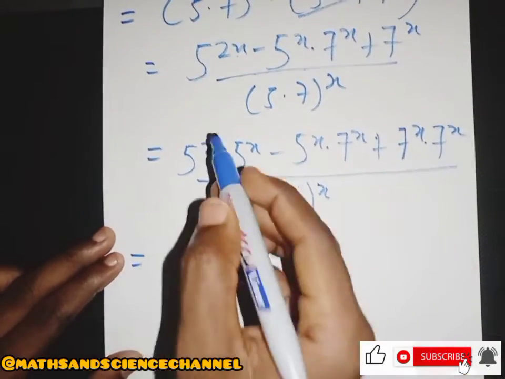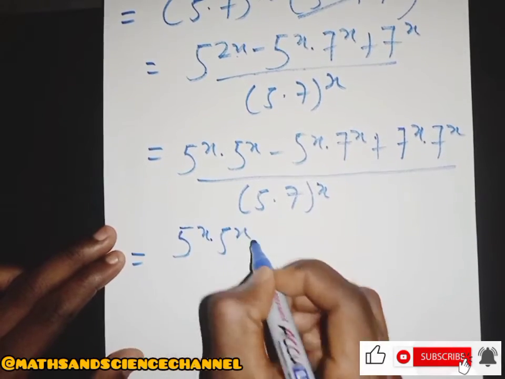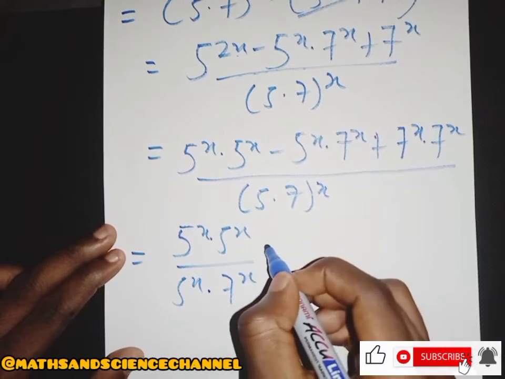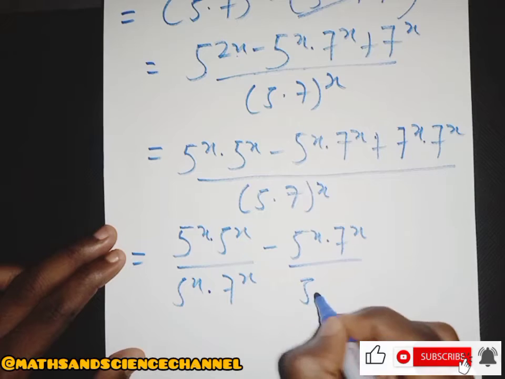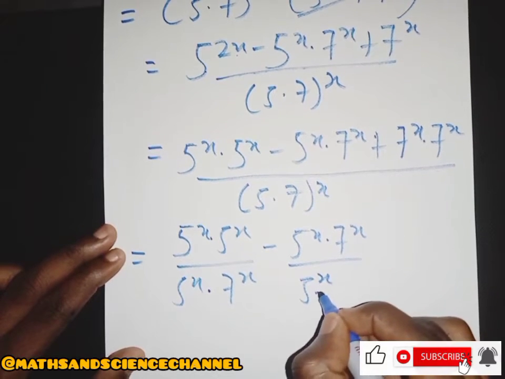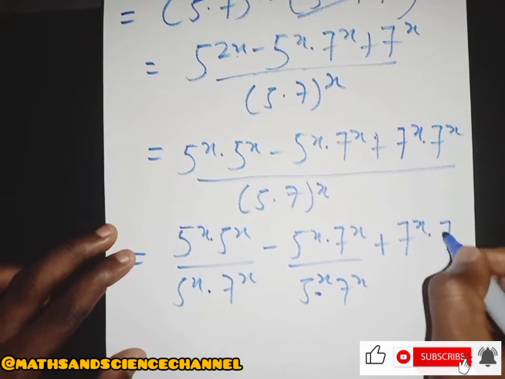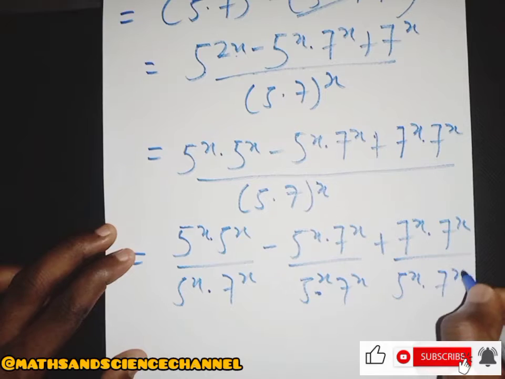So what we can do is to take each of the components. So we have 5^x times 5^x here being divided by 5^x times 7^x, and then minus 5^x times 7^x divided by 5^x times 7^x here, then plus 7^x times 7^x here divided by 5^x times 7^x.